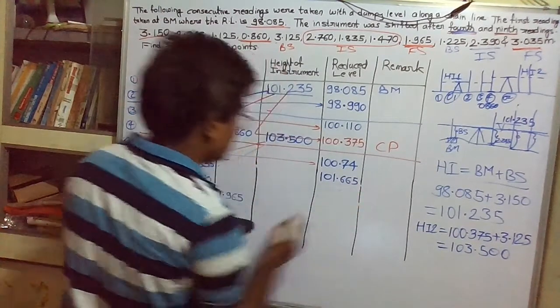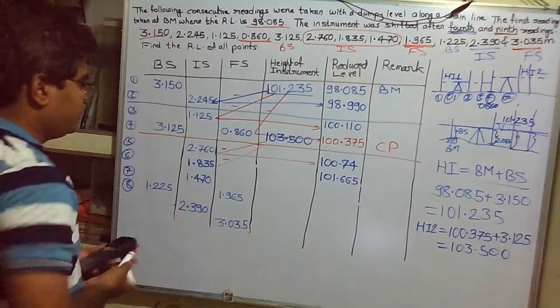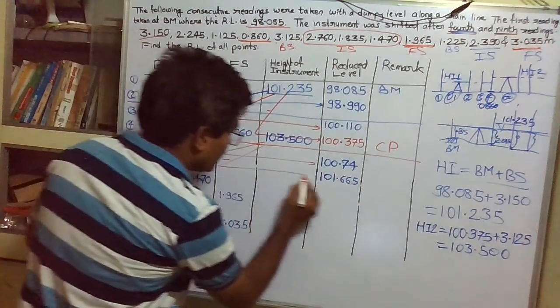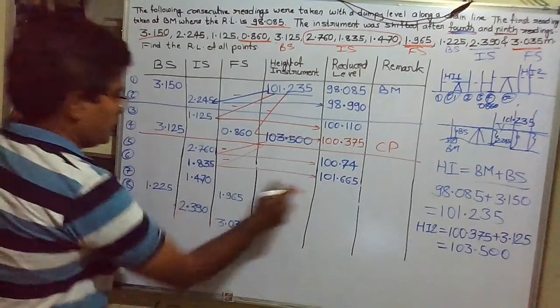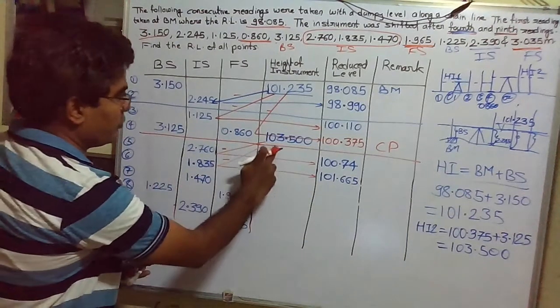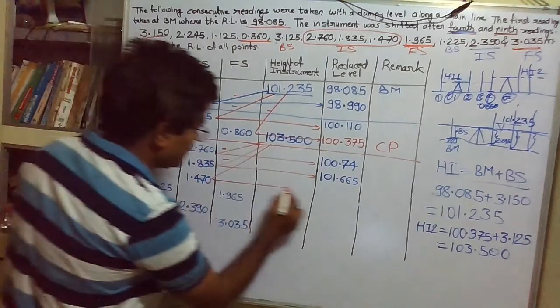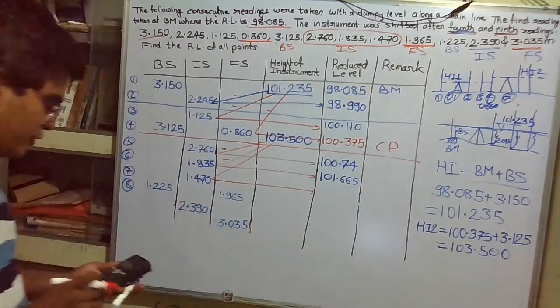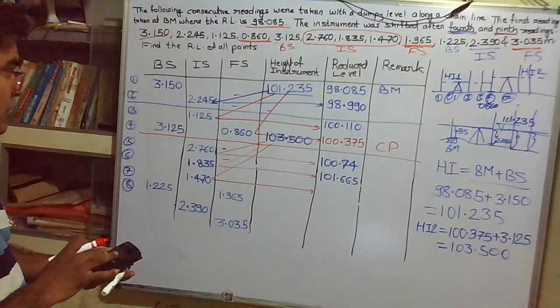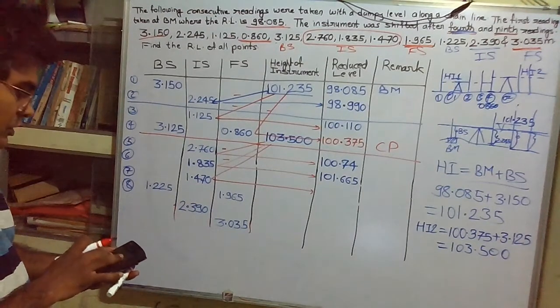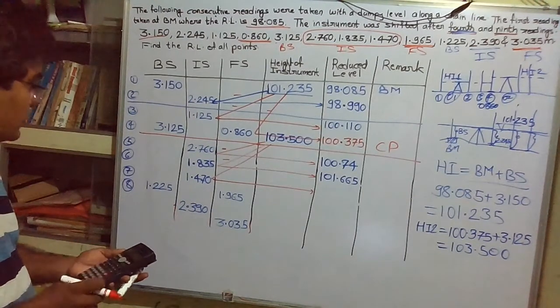101.665. Again, the RL of 0.7 is this HI minus this staff reading: 103.5 minus 1.47. We will get the RL of 0.7, 103.5 minus 1.470.